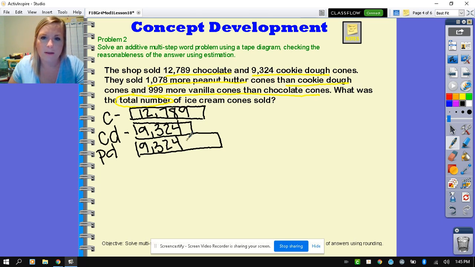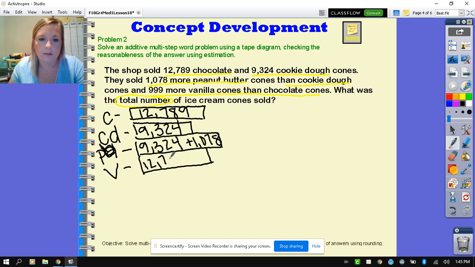And to find peanut butter, we need to add 1,078. Okay, so we need to find that answer for sure. And then we have vanilla, and vanilla is 999 more than chocolate. So we know our chocolate's 12,789, and to find vanilla, 999 more.